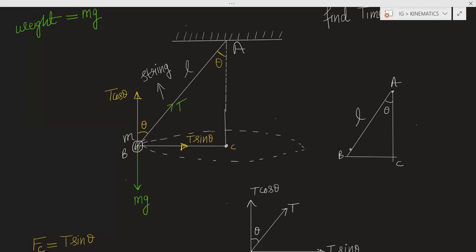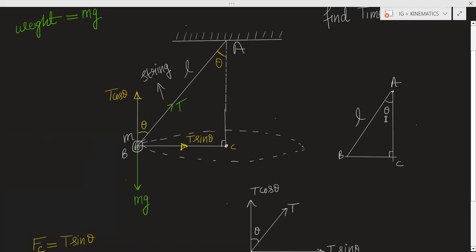This angle is 90 degrees. Opposite to 90 degrees is the hypotenuse, and opposite to theta is the altitude of the triangle. AC will be the base of the triangle.